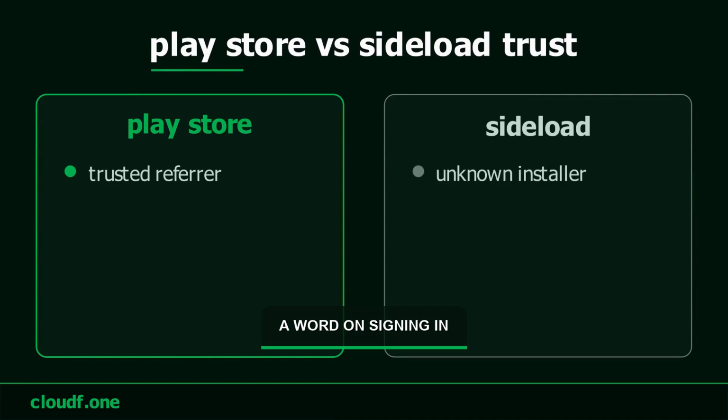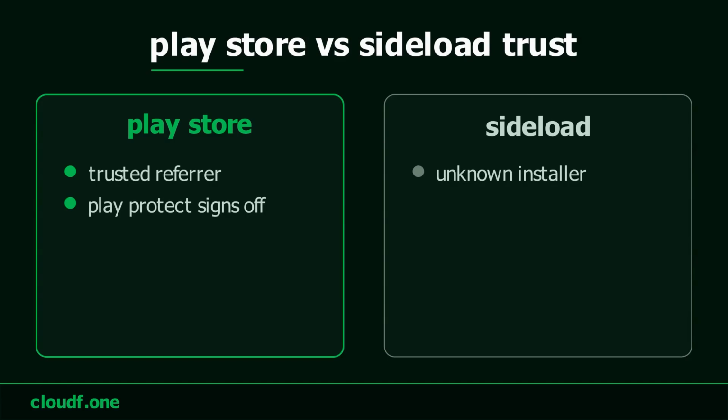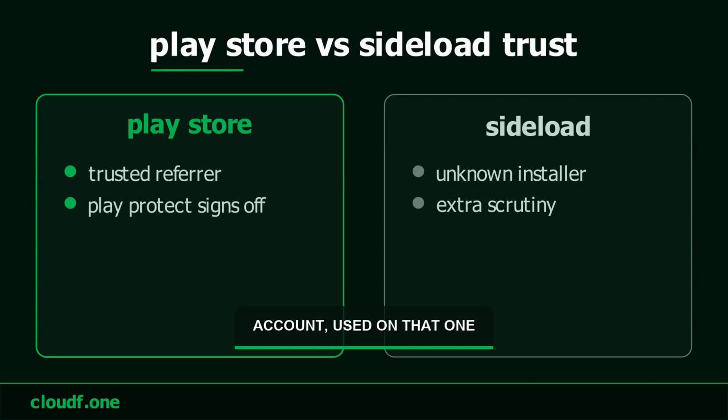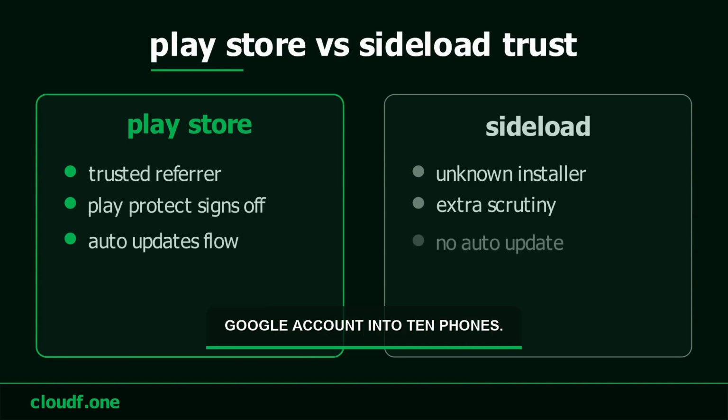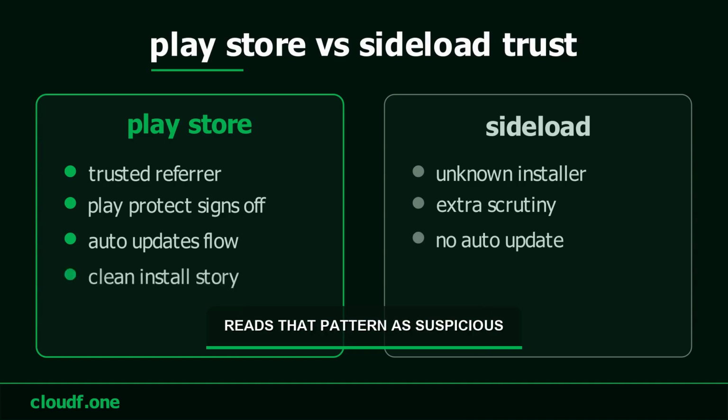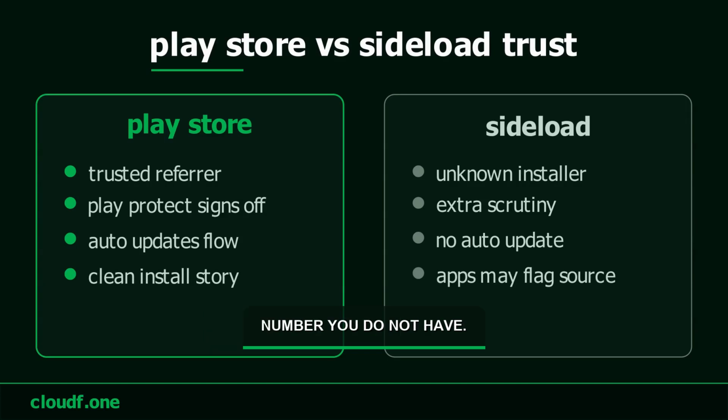A word on signing in safely, because this trips people up more than the install itself. The Google account on your cloud phone should be one account used on that one phone and left alone. Do not log the same Google account into 10 phones. Do not bounce it between devices every day. Google reads that pattern as suspicious and can lock the account, sometimes asking for a recovery number you do not have.